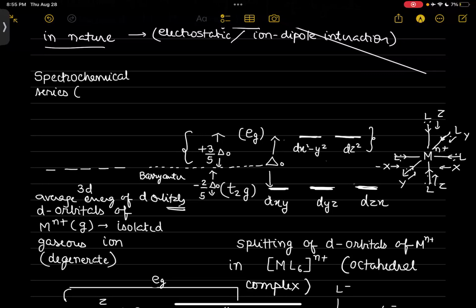The spectrochemical series, in which the ligands are arranged in increasing order of their strength.